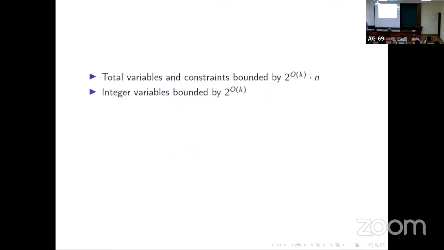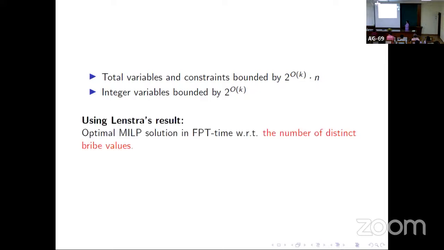So what we have done is written down an MILP for our problem, and we have bounded the total number of variables and constraints by this much, where k was the cardinality of the set V, and the integer variables are also bounded. So this is what we wanted.